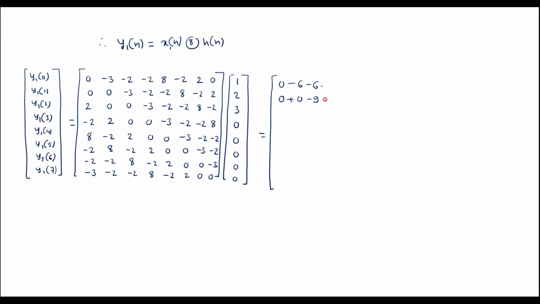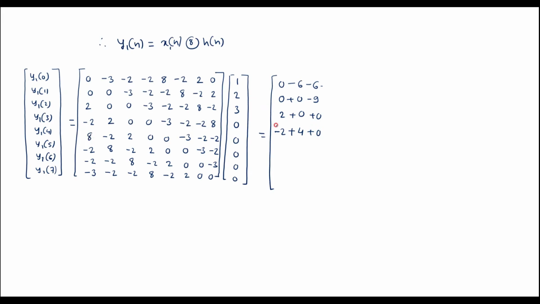I will ignore the remaining zeros as these all are zeros. Now third row with the column, I get 2 into 1 is 2, plus 0 into 2 is 0, 0 into 3 is 0. Rest all values are 0. Minus 2 into 1 is minus 2, plus 2 into 2 is 4, 0 into 3 is 0.